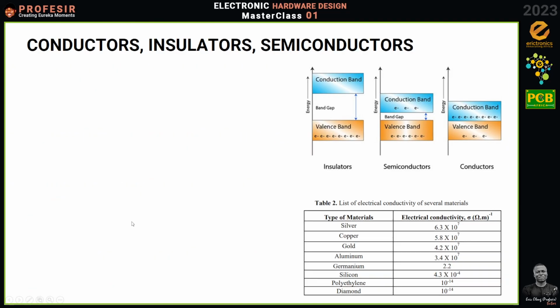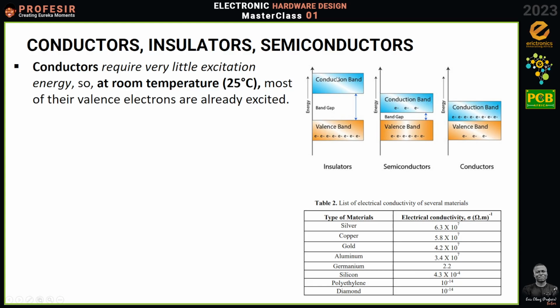Now, how does this help us? What is the use of all these things, energy band and conductors, and why do we need this? When you take conductors like copper, we are always talking about copper being a good conductor. Why?